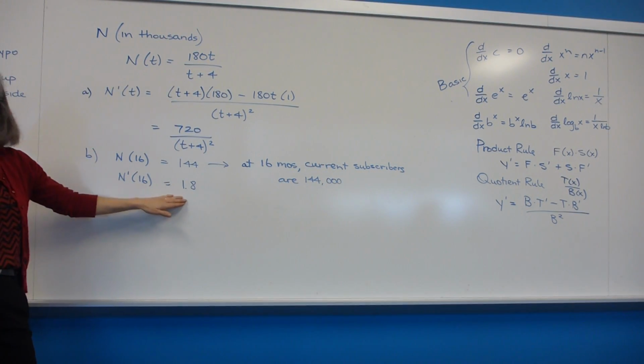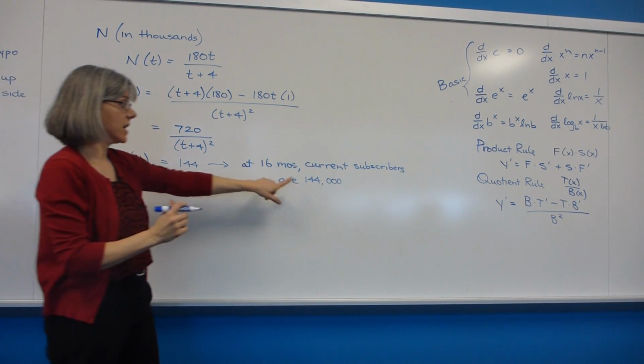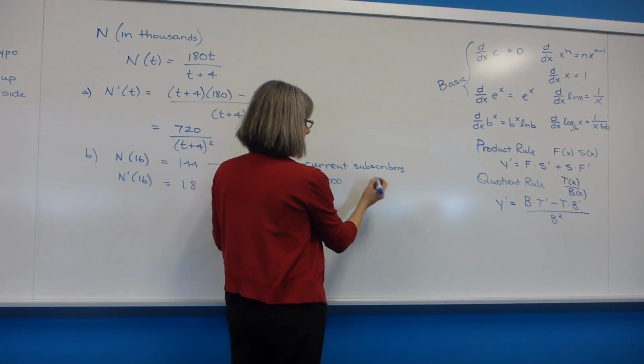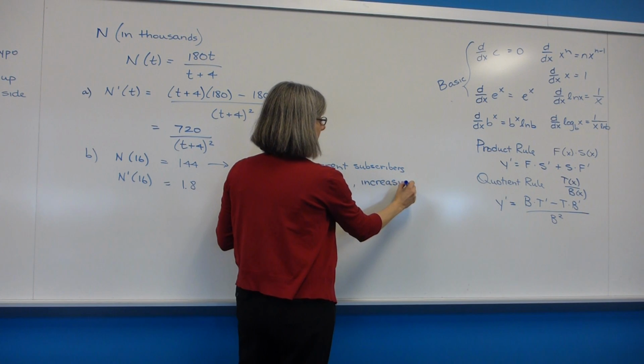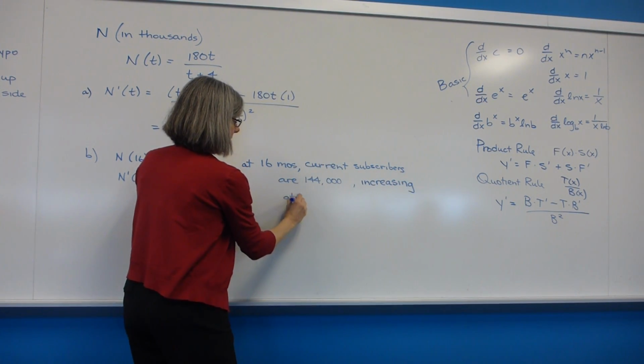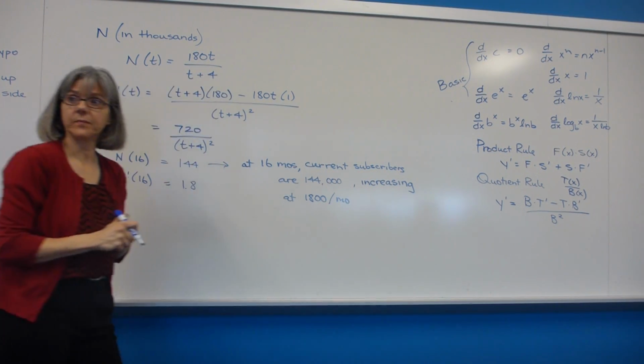And what does n prime tell us? That's 1,800, a rate of increase, right? Because it's positive, I can say there are 144,000 subscribers, increasing each month at 1,800 subscribers per month.